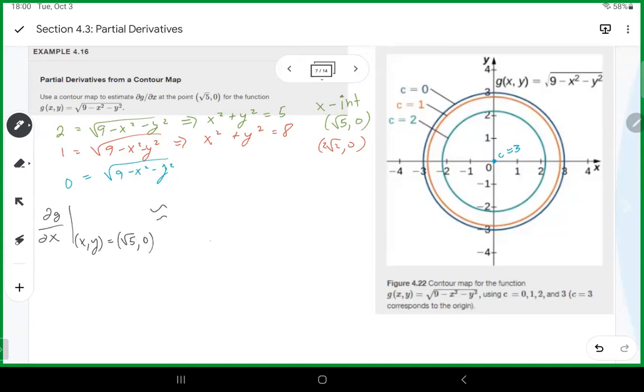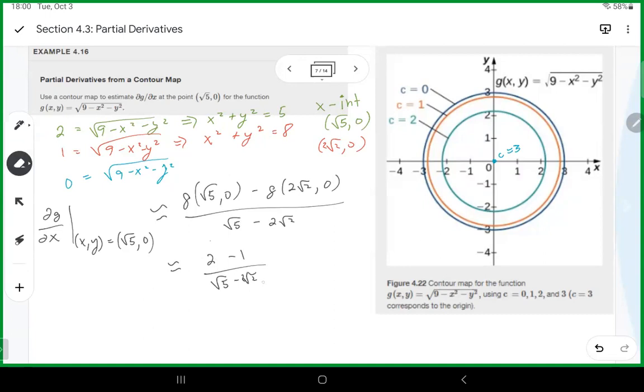So then we have... And that ends up working out to be 2 minus 1 over square root of 5 minus 2 square root of 2.